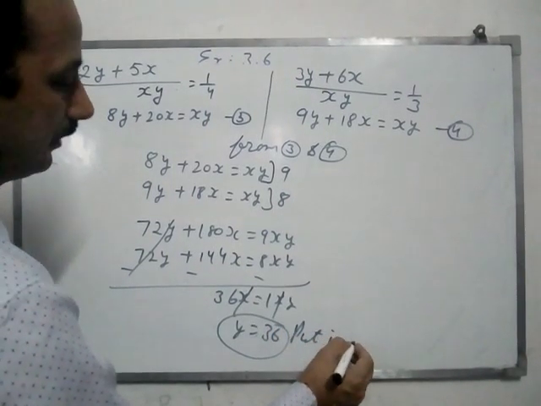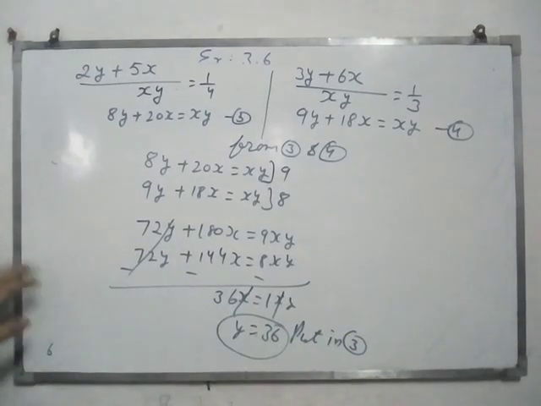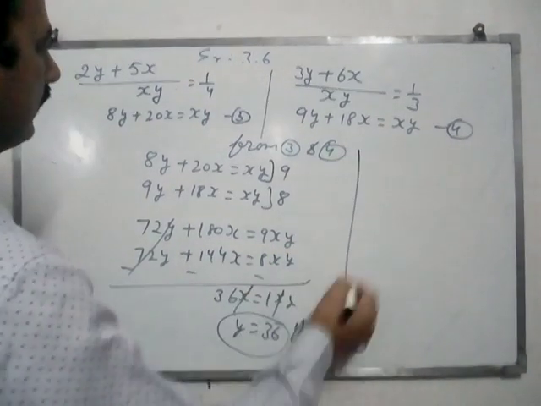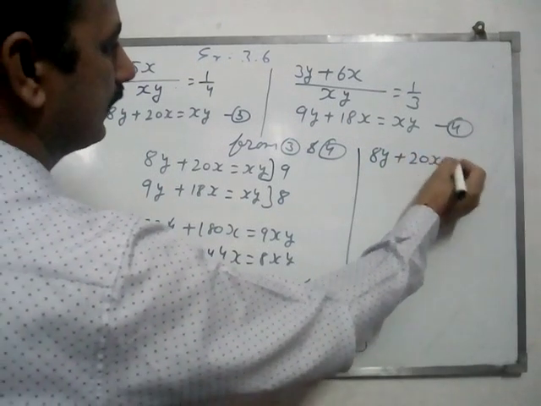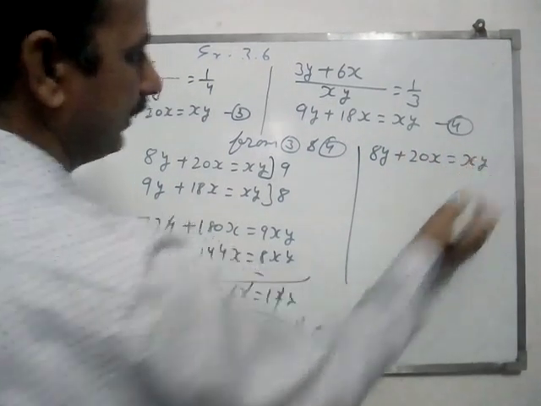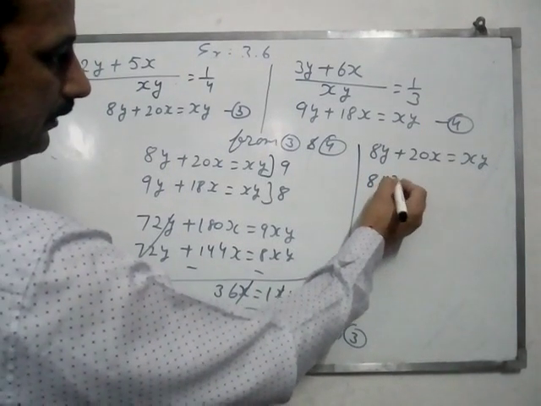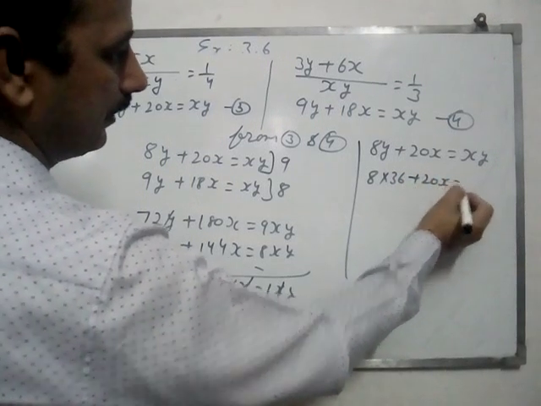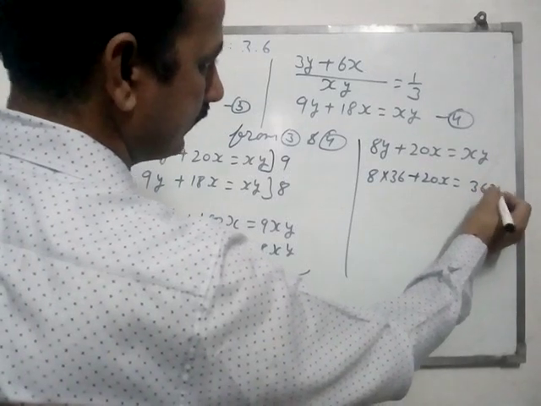So put this value in equation number 3, you find the value of x. So 8y plus 20x equal to xy. So 8 into 36 plus 20x equal to 36x.